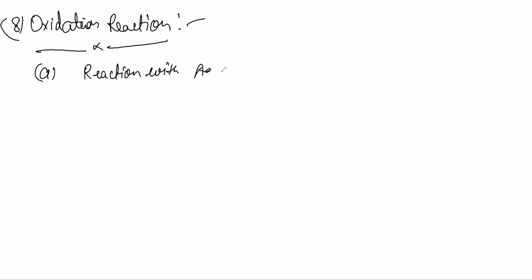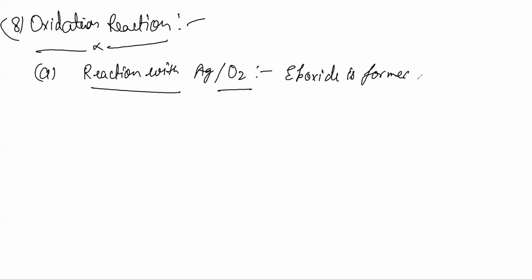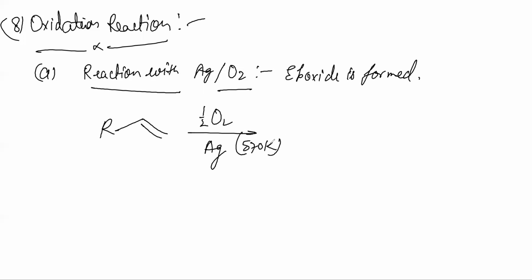Reaction with oxygen in presence of silver gives epoxide. How? We heat the alkene in presence of oxygen, and with the help of silver catalyst, you get to see this.